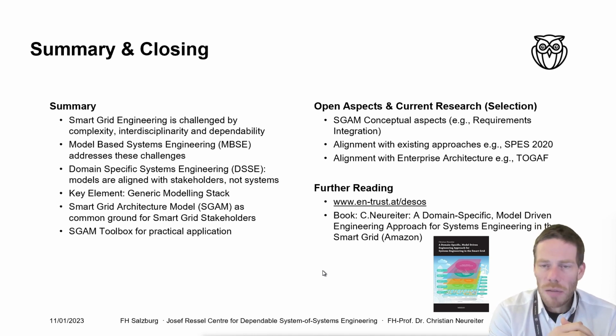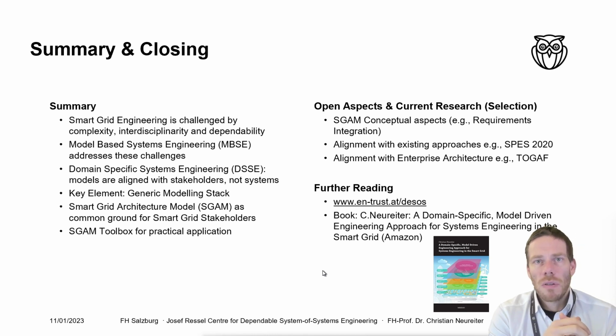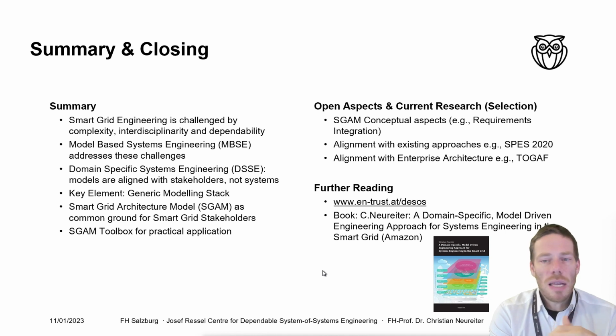And today we learned a few things about which models could be used and how such models, modeling languages, could be specified by means of meta models. And we have seen that the result, the SGAM toolbox, is not just a theoretic concept, but it's really usable already for architecture development.